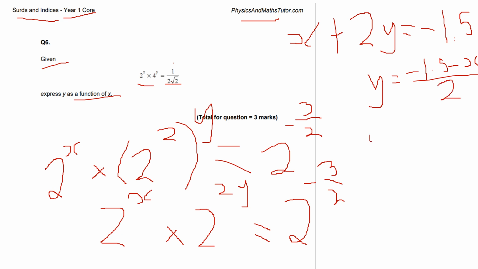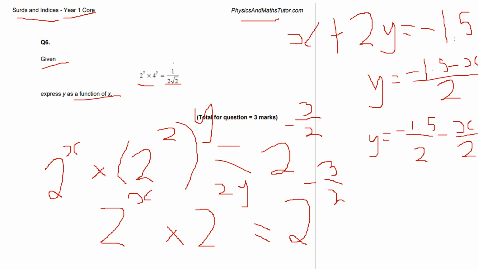So what I'll do is I'll write it as y is equal to minus 1.5 over 2 minus x over 2. Now I've expressed it in the form y is a function of x, y is equal to f of x, where this is my f of x.